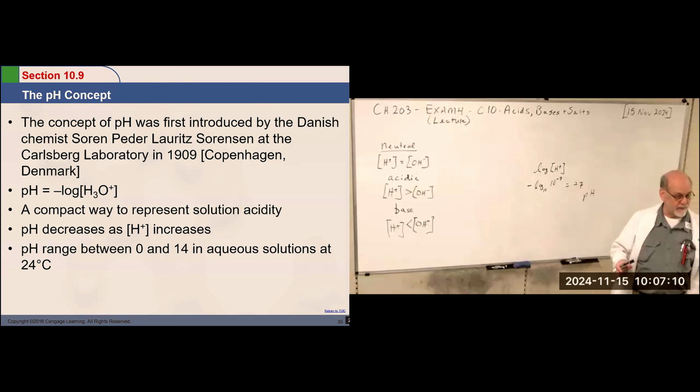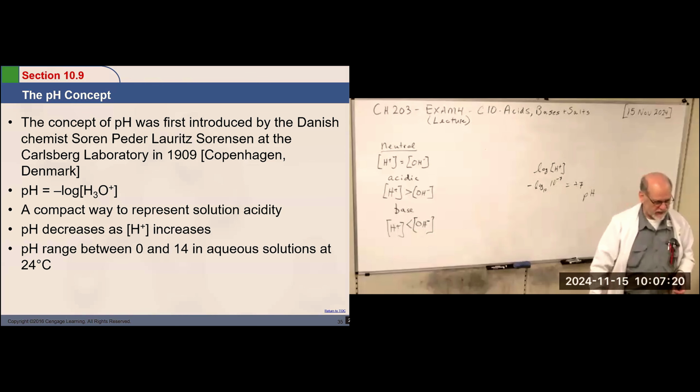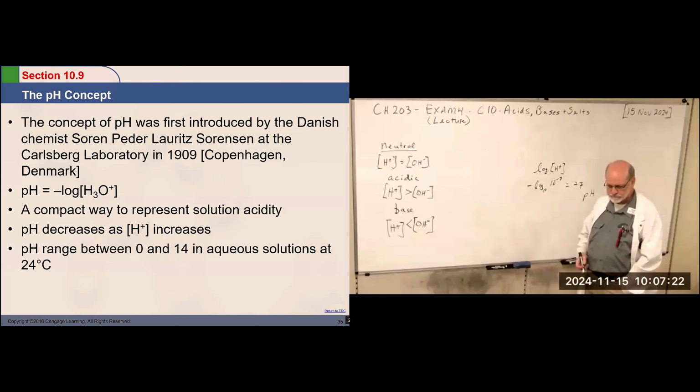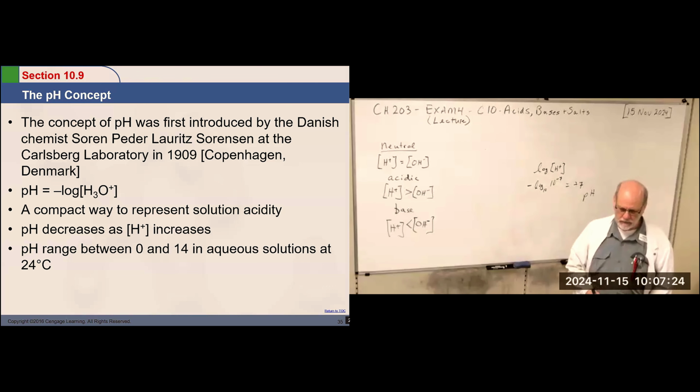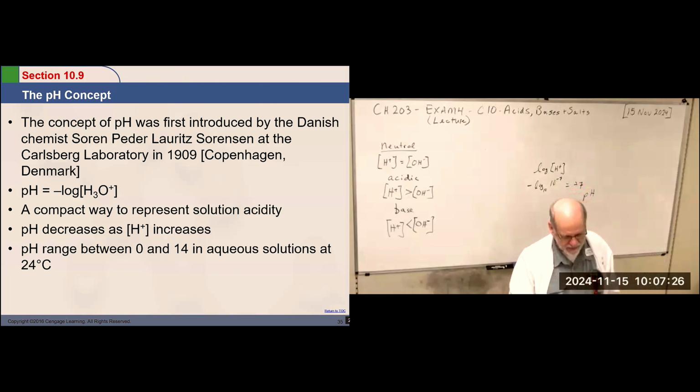Small p, capital H. Not capital P, small h. Small p, capital H is pH. And it became very useful. It was quickly adopted by any scientist working with acids and bases.